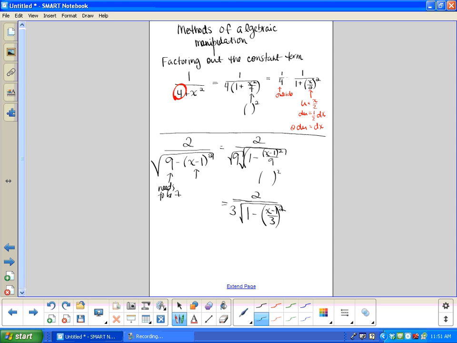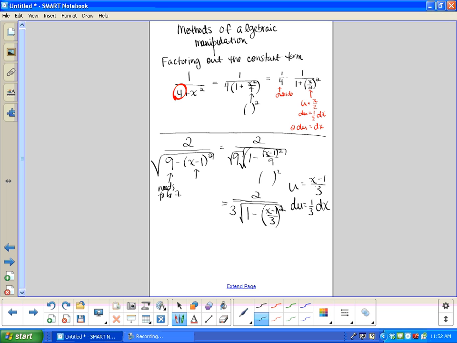Just like before, we have that constant 2/3, so the 2/3 can go on the outside of the integral if we were integrating this, and then we could let u be (x minus 1) over 3. It looks pretty complicated, but it's just 1/3 times x minus a third, so the minus a third will just become 0, and the derivative of 1/3 times x is just 1/3, so du is 1/3 dx.